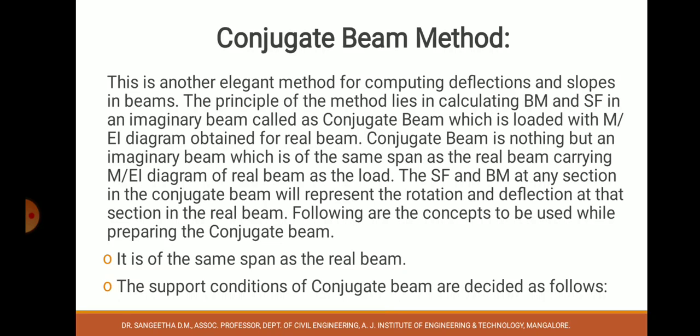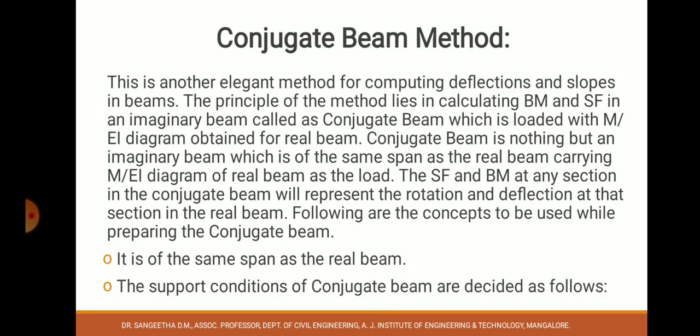So the conjugate beam method is based on a real beam. An imaginary beam will be formed which has the same span as the real beam. Whatever loads are acting on the real beam will be converted into the M/EI diagram, which will be loaded on the conjugate beam.